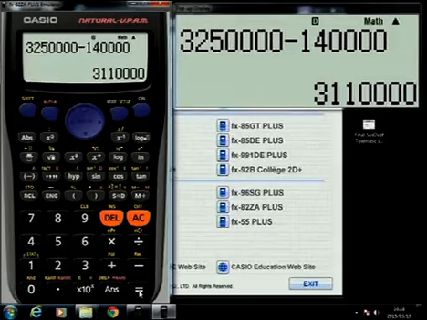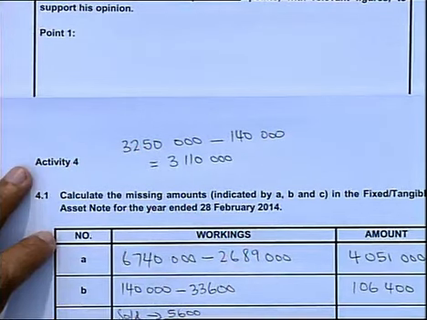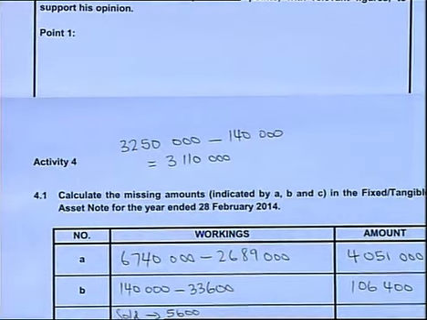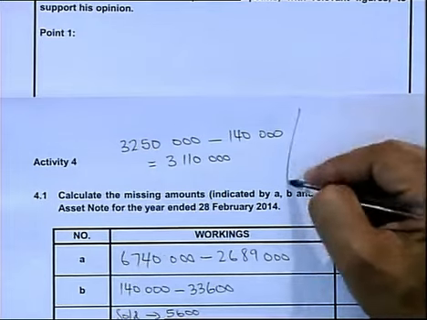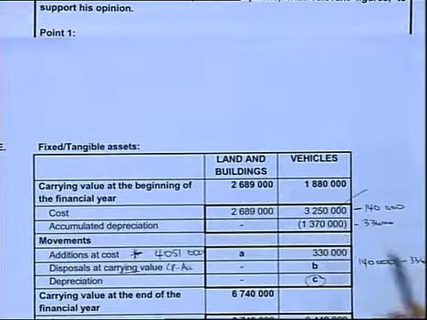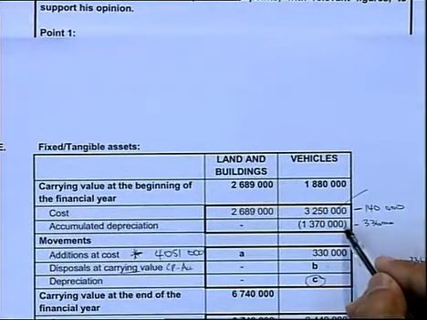So now when we make the calculation, we need to have 3,110,000 minus whatever the accumulated is of that particular vehicle, and we need a calculation for that also. The accumulated at the beginning of the year on all the vehicles was 1,370,000.